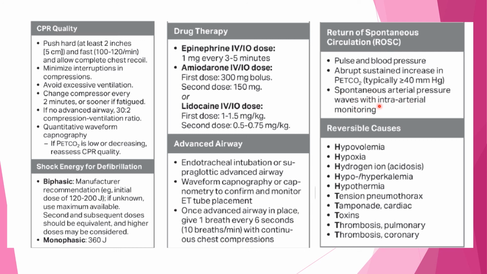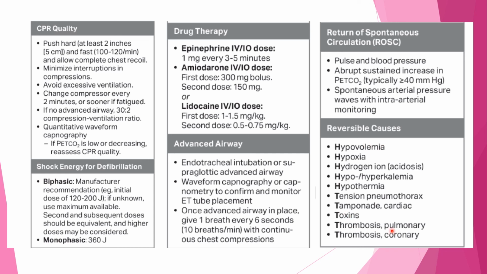Or if there is an intra-arterial line for the patient and I'm monitoring the blood pressure through the arterial line, if there is blood pressure, then I get ROSC, return of spontaneous circulation.